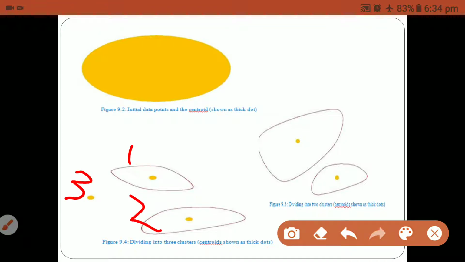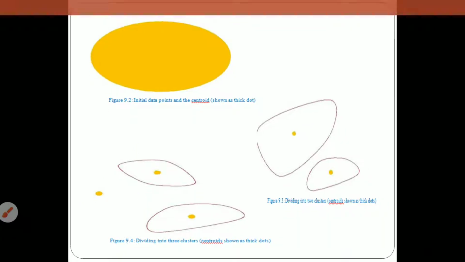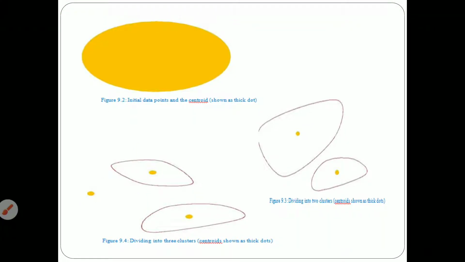The third cluster is separated out and does not match with the first and second, because it is a separate cluster. This is the representation of the clusters with the help of all these steps.